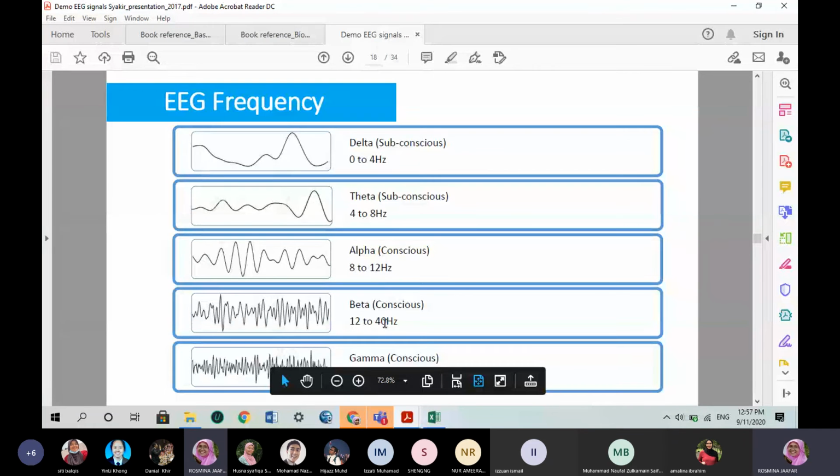Sometimes some books say 38. Above the beta frequency is called the gamma frequency. The gamma is very high frequency. That is during active activities like calculation, performing mathematical calculation.